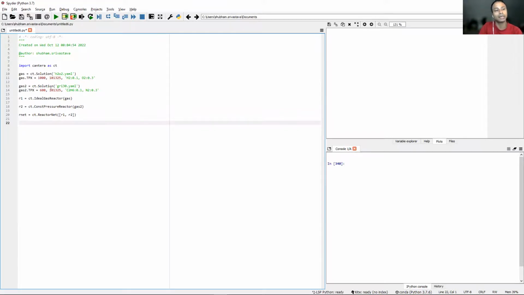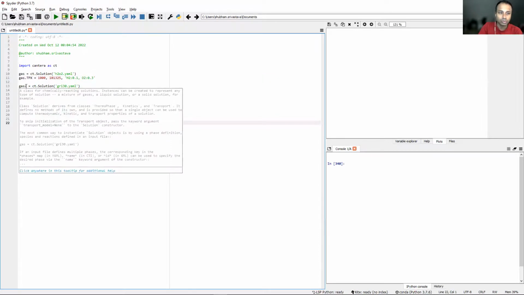So what I've done is I have defined a phase called gas, and the temperature, pressure, and composition of the gas phase is this. It has hydrogen and oxygen at 1000 Kelvin. Then I have another phase called gas 2.